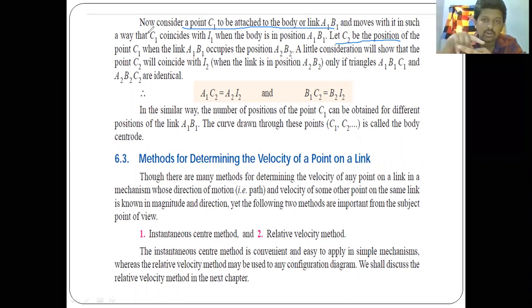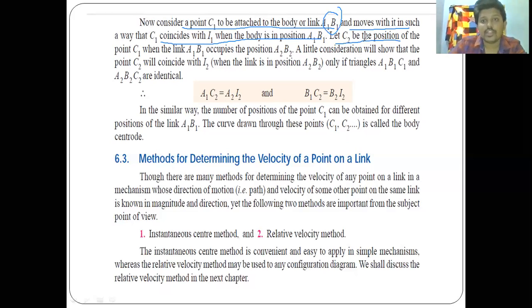The space centroid is a locus of instantaneous centers, but the body centroid is a locus of instantaneous centers with respect to the bodies. That means C1 is attached to the body or link A1 B1 and moves in such a way that C1 coincides with I1 when the body is in position A1 B1.